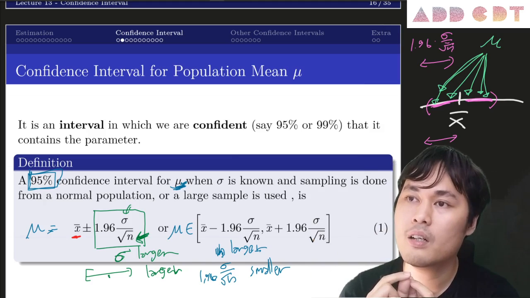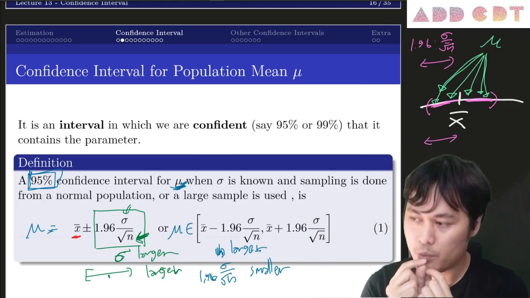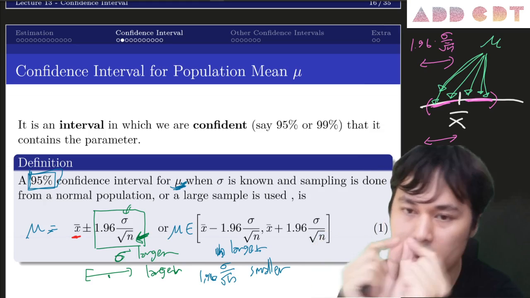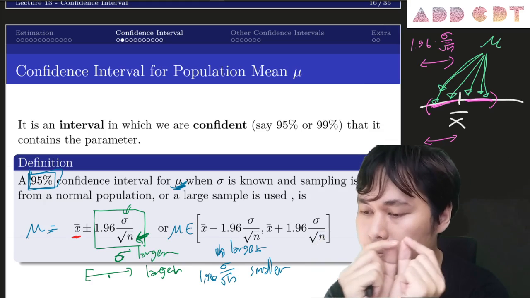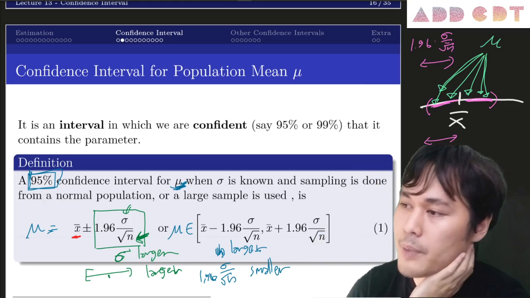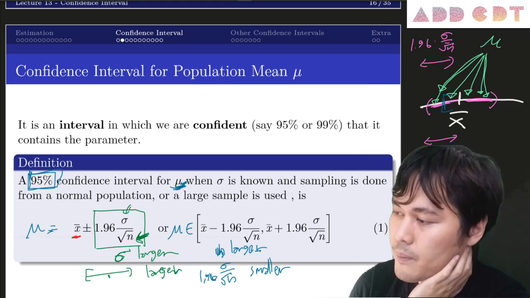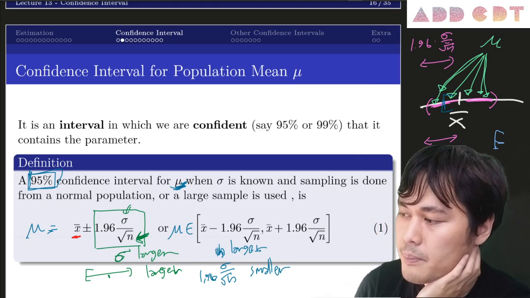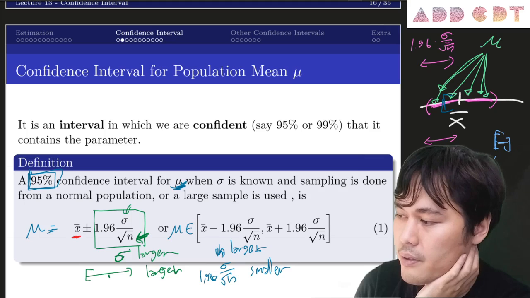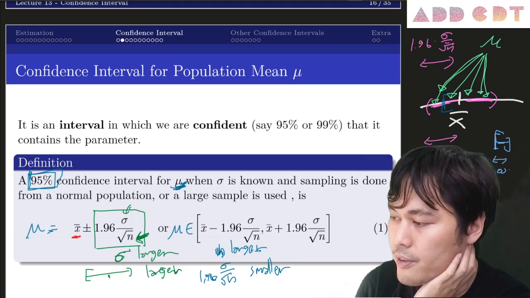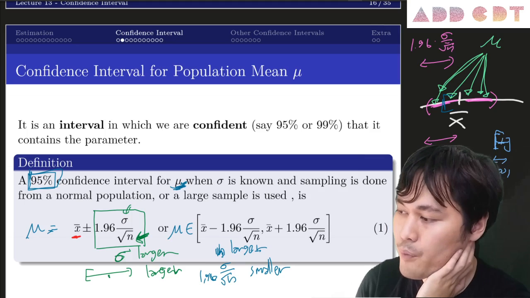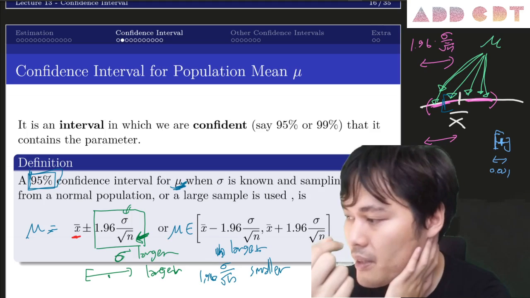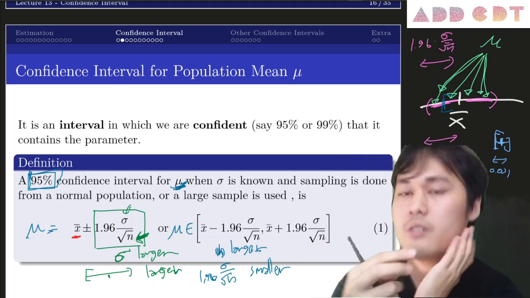And for an estimator to be good, it should be close to the actual number. Like if we get a pretty slim interval, let's say the size is only like 0.001, what it means is that we are very confident that the number we got from the sample is very, very close to the actual number, the actual mu.